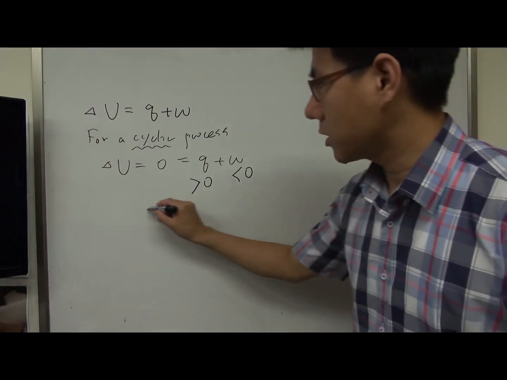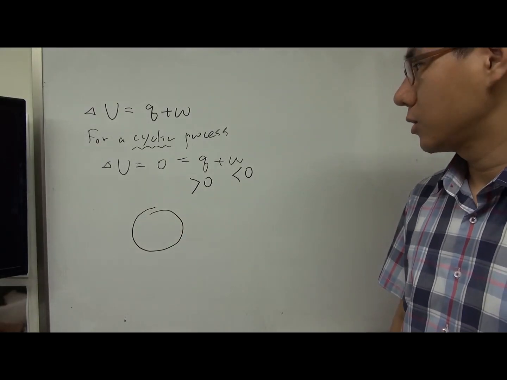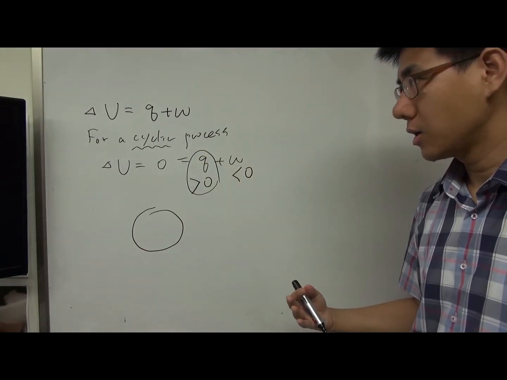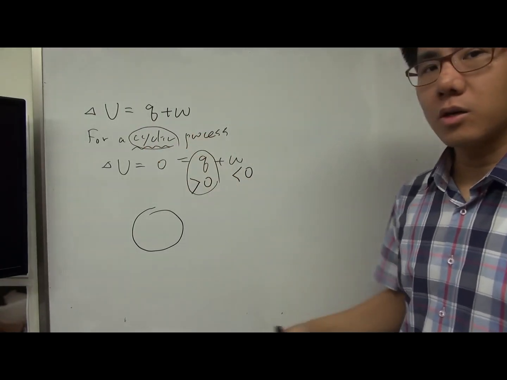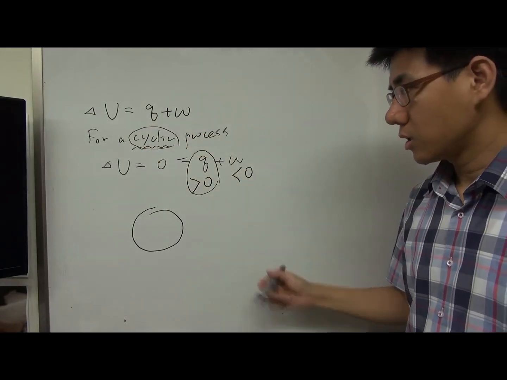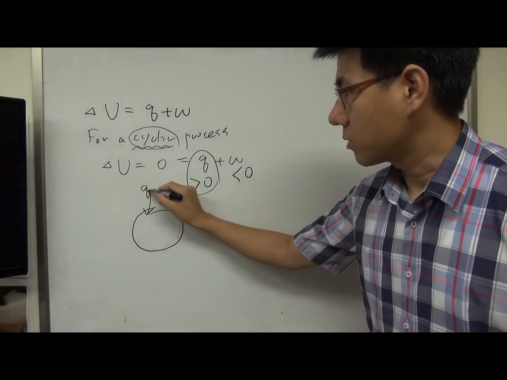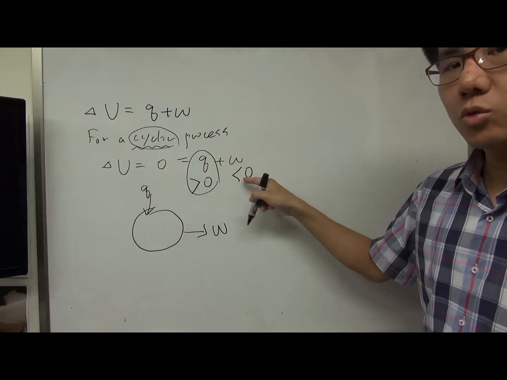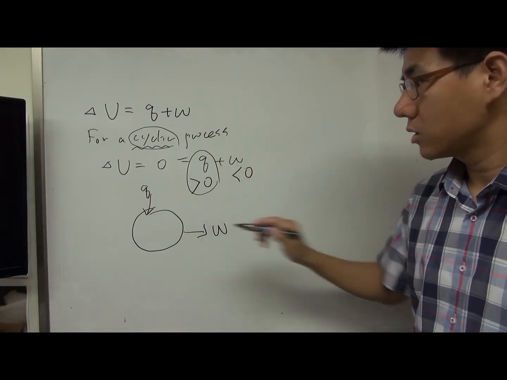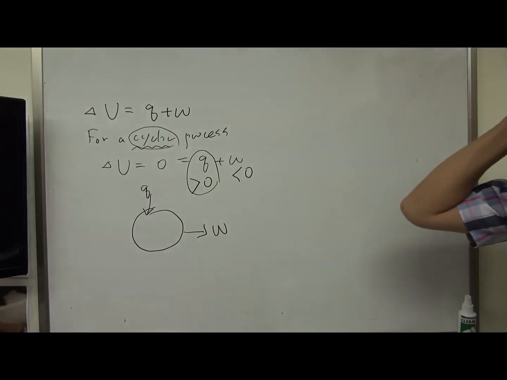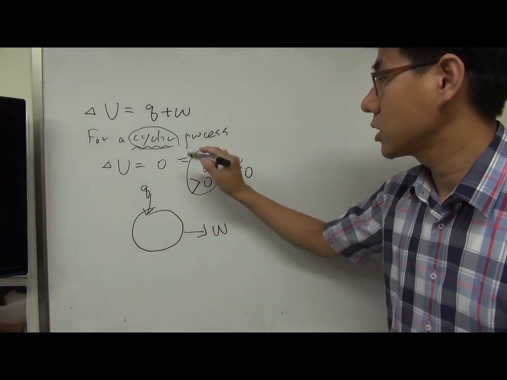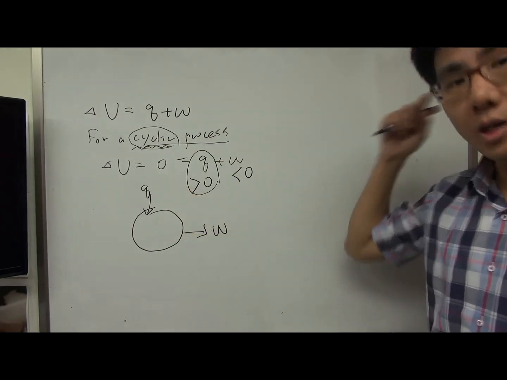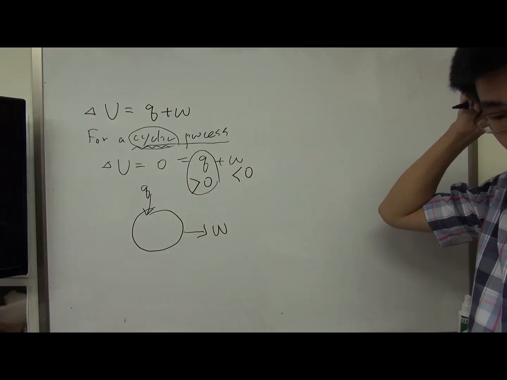So there is some kind of instrument which, while doing a cyclic process, absorbs heat from the surroundings and does work on the surroundings. Could be something like this. Okay? There's some instrument which does a cyclic process while absorbing heat and giving up work on the surroundings, right?